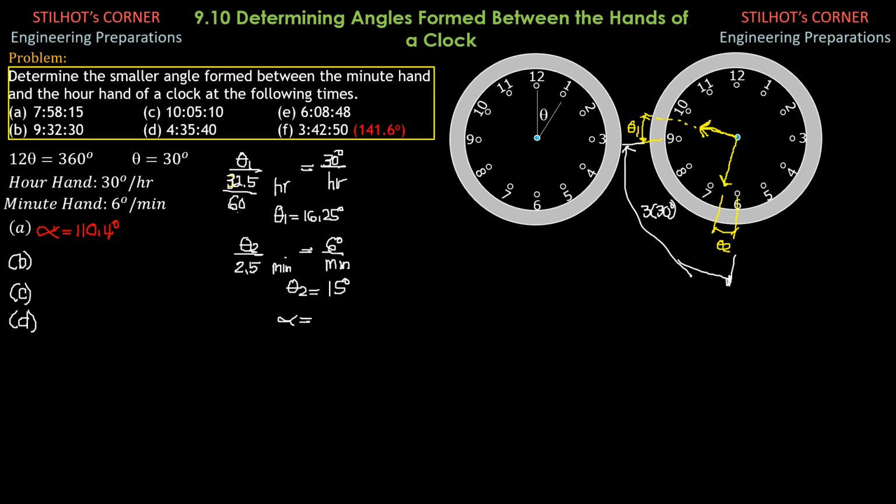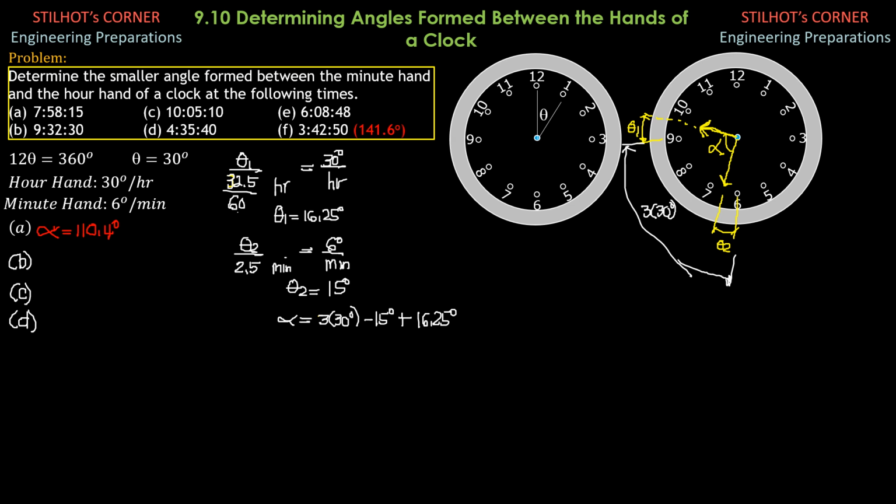Alpha from the figure is 3 times 30 degrees minus theta 2, so minus 15 degrees, then plus theta 1, 16.25 degrees.